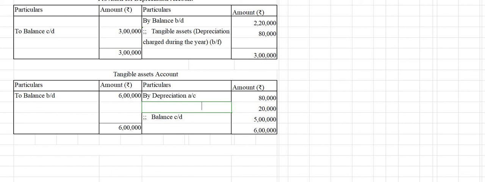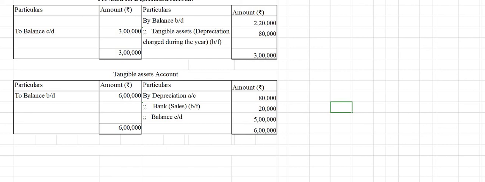Other than depreciation, how will the asset decrease? That may be due to sale of an asset, isn't it? So that's why it has decreased here on the credit side. If the balance you get is on the debit side, it will be purchase. If you get the balance on the credit side, other than depreciation, it will be sales.